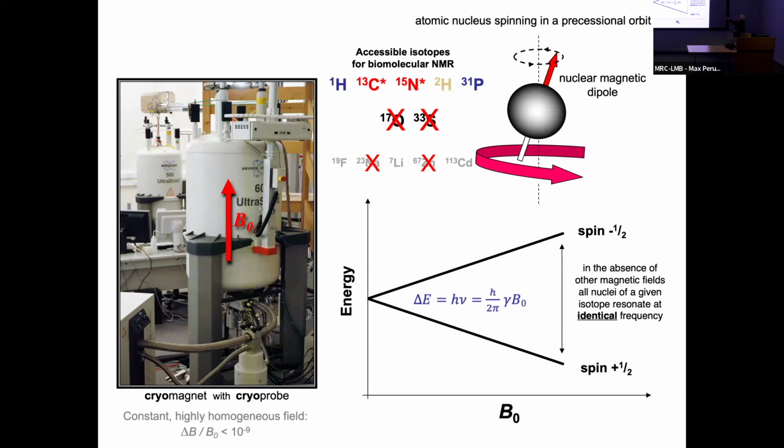Also at very high natural abundance is phosphorus, the isotope phosphorus 31, which is almost 100% natural abundance. If we want to bring in isotopes of nuclei of carbon and nitrogen, then they are present at very low natural abundance.